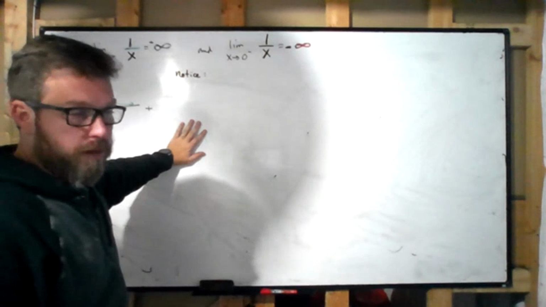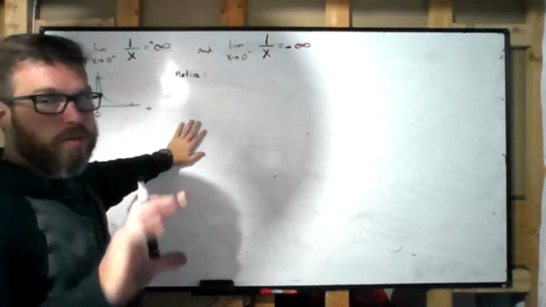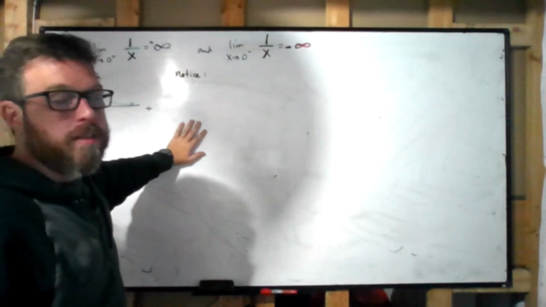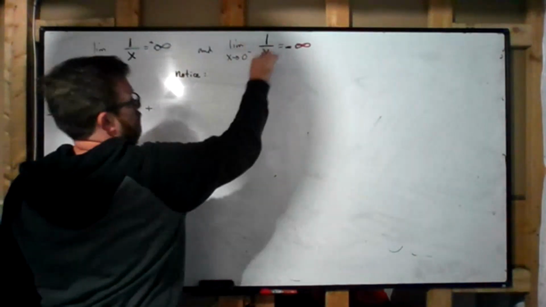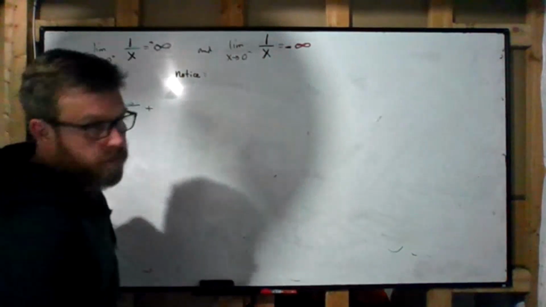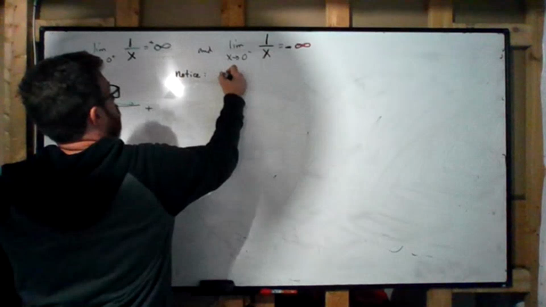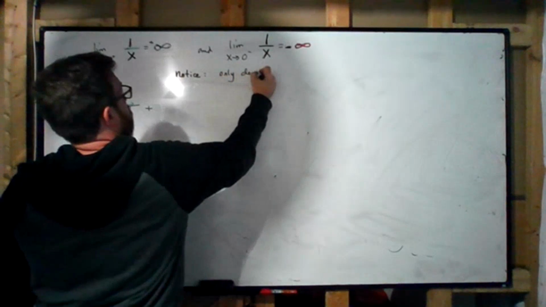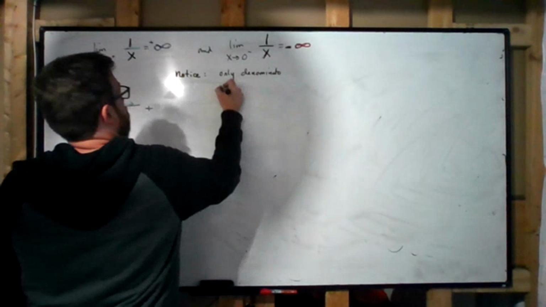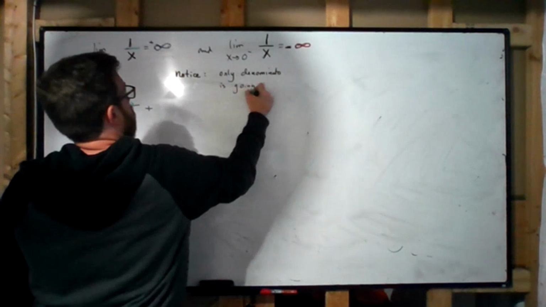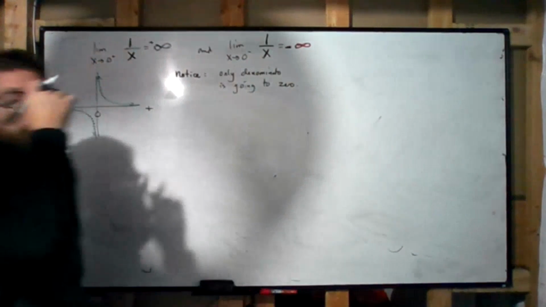So that's when you're going to get your infinity. 0 over 0 is going to give you a number that's not infinity, but something over 0 is going to give you infinity, either positive or negative. So you have to determine the sign. It's either going to be plus or minus infinity, depending on whether what's underneath is positive or negative. So notice only the denominator is going to 0, as opposed to the previous ones where the top and bottom are both going to 0.